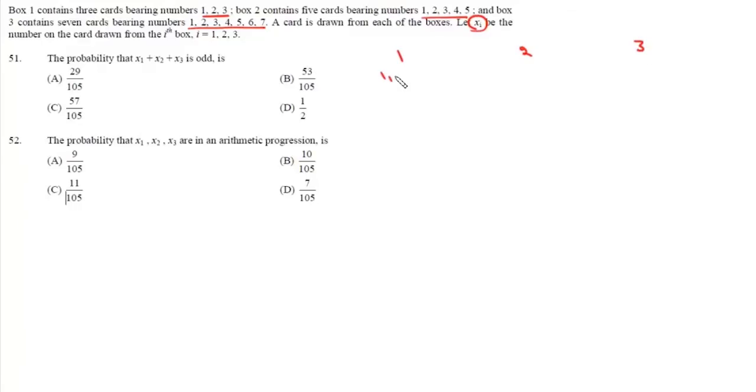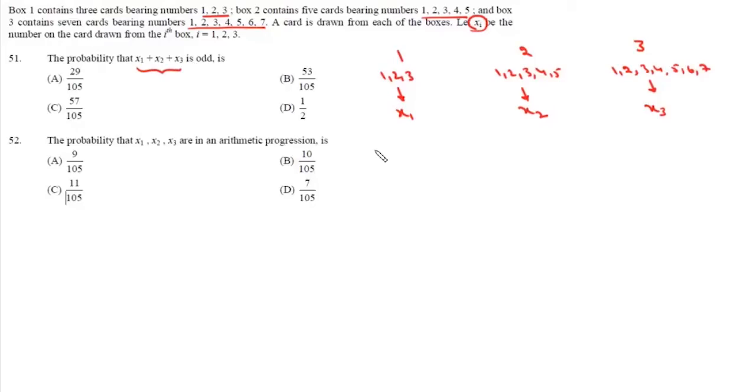In the first one we have 3 numbers, 1, 2, 3. Here we have 1, 2, 3, 4 and 5. And here we have 1, 2, 3, 4, 5, 6 and 7. Now from this one we have selected x1. Here we have selected x2. And here we have selected x3.